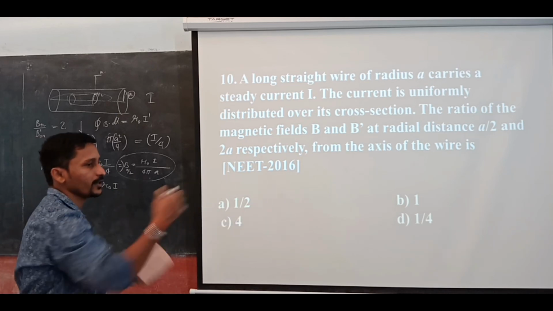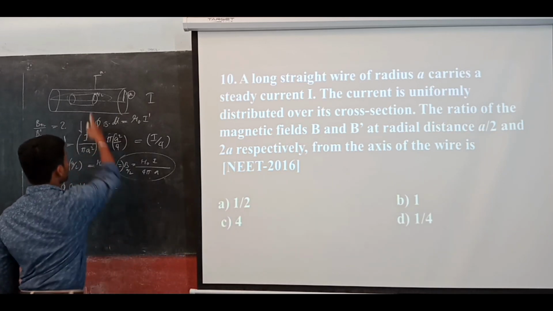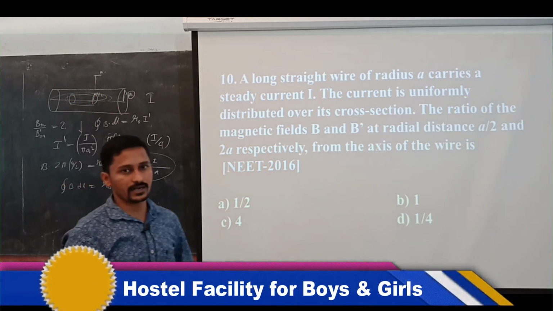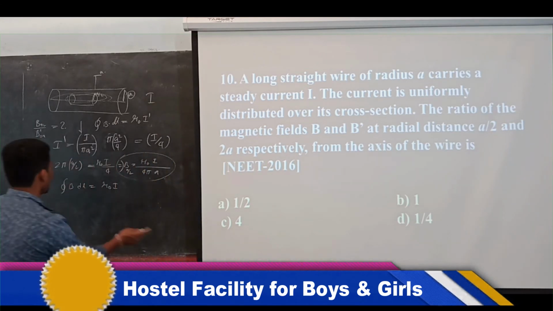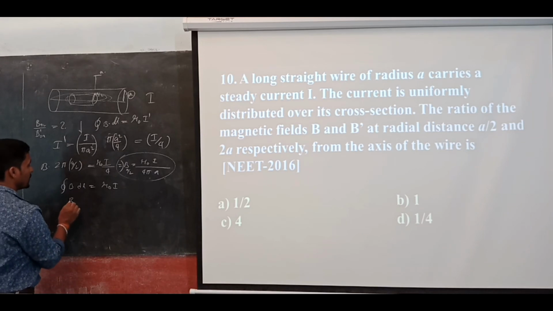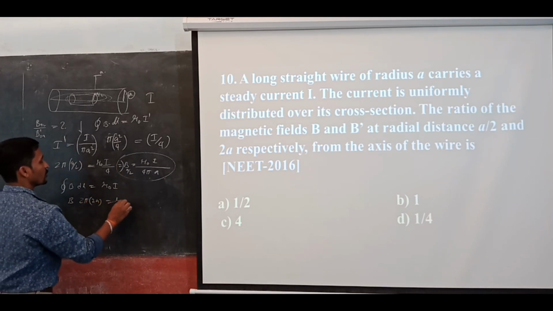Throughout, all the current contributes to the magnetic field. But inside, only the enclosed area contributes to the magnetic field. Got? Now I will apply the latter formula. So B into 2 pi into 2a is equal to mu naught into I.